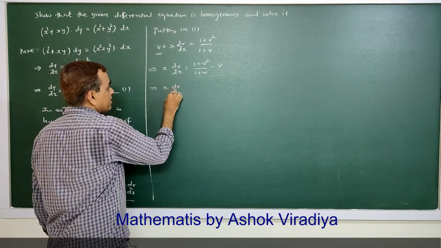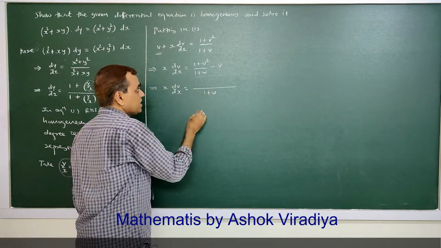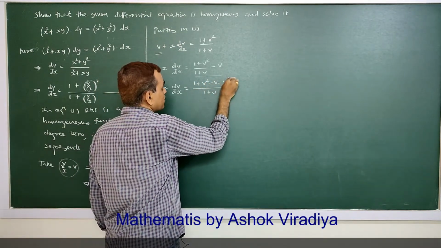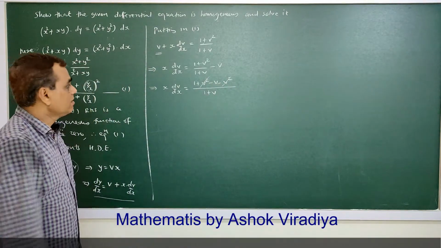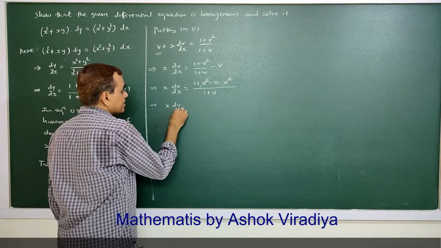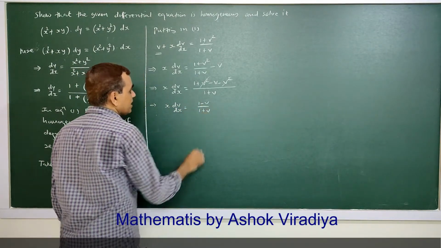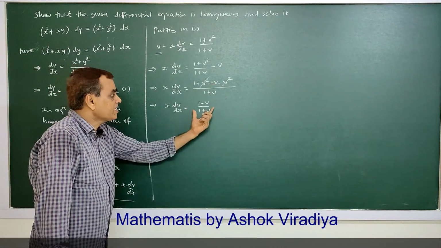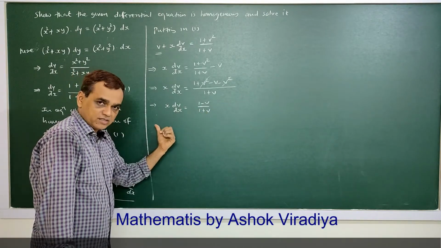X into dv by dx: the LCM is 1 plus v, here 1 plus v square minus v square, so this will be cancelled. Therefore x into dv by dx is (1 minus v) upon (1 plus v). So the right hand side is simplified. Now we can cross multiply.